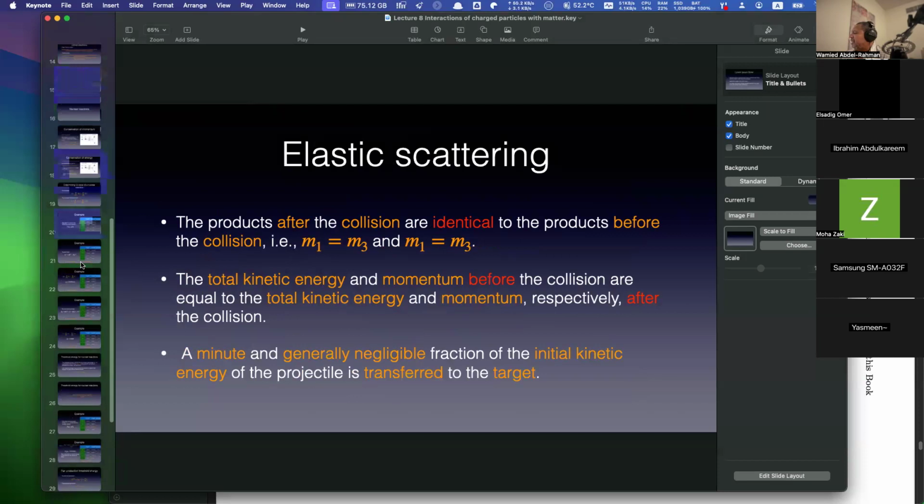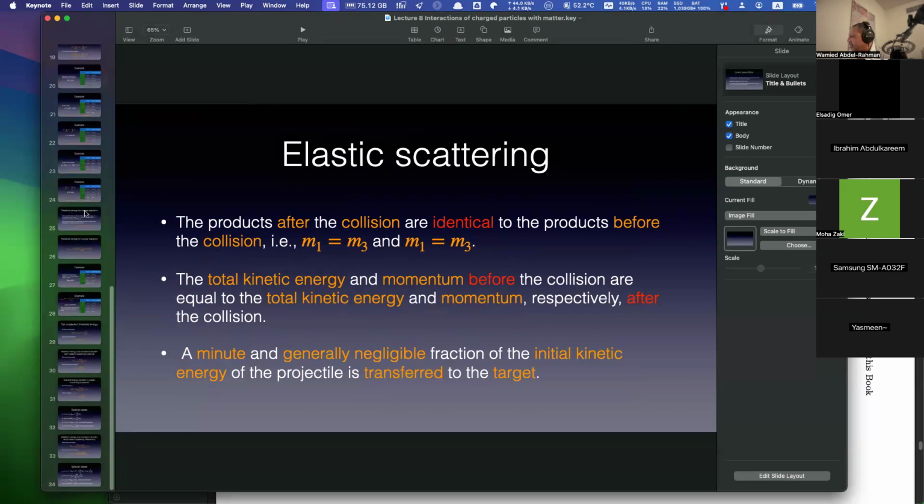So in brief, we covered charged particle interactions. We have nuclear reactions, elastic scattering, and inelastic scattering. We looked into, for example, how to calculate the Q value for a nuclear reaction.